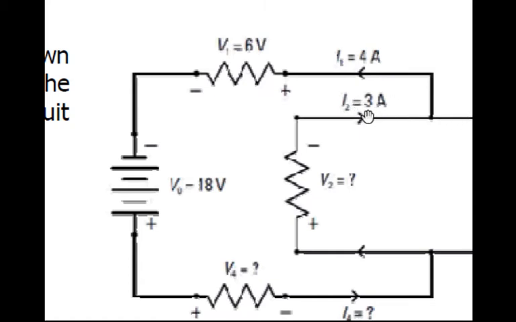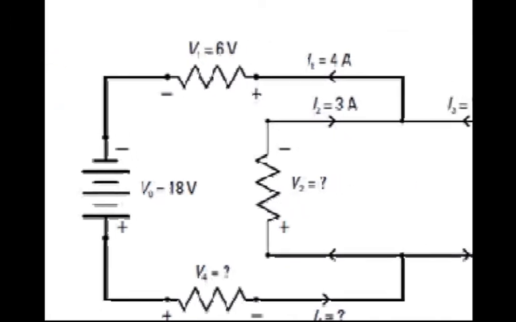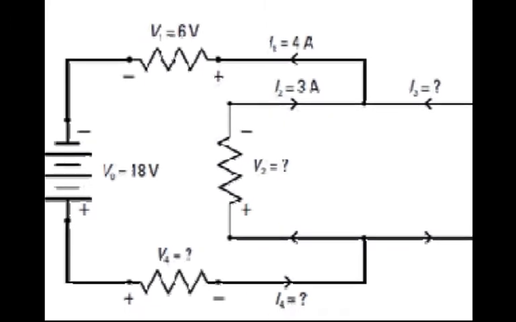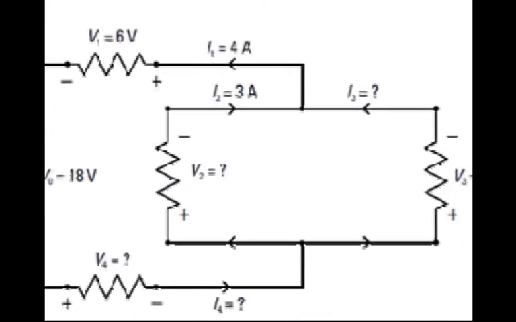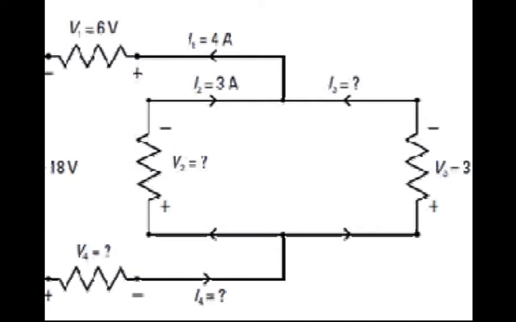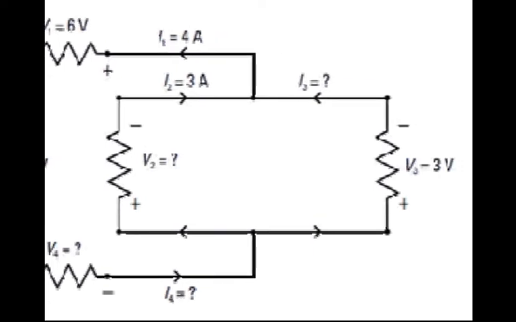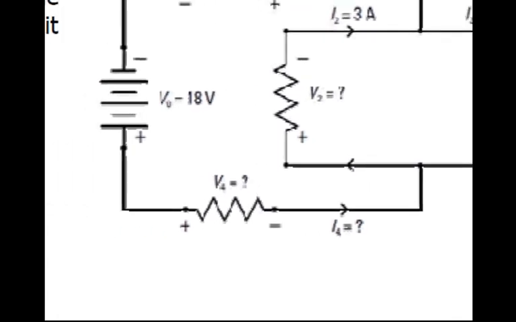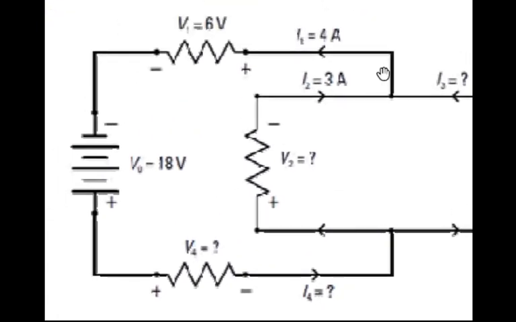My I2 is known, but my I3 is not. My V2 is not known, but my V3 is. Can you see the V3? I don't think I can see it there. Let's push it this way. I can see it if I move it like that. So my V3 is known, my V2 is not. My I4 is not known, and my V4 is not known.